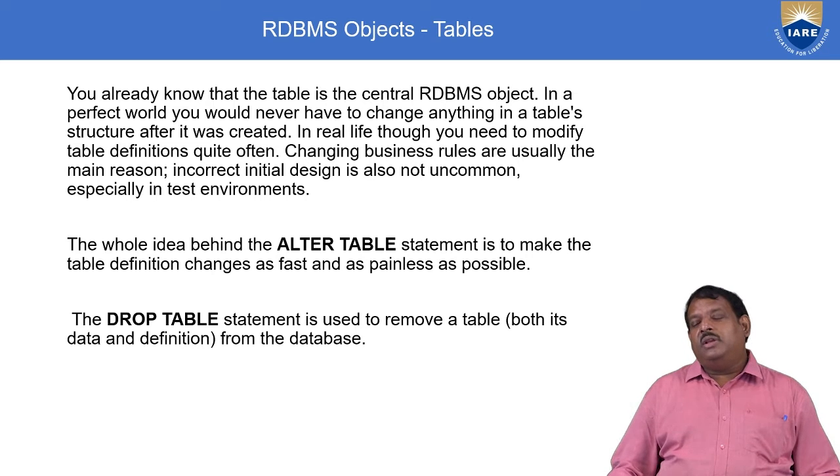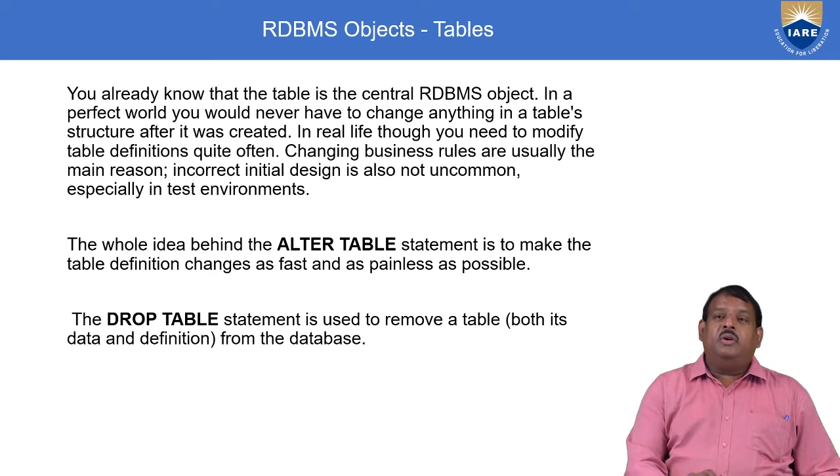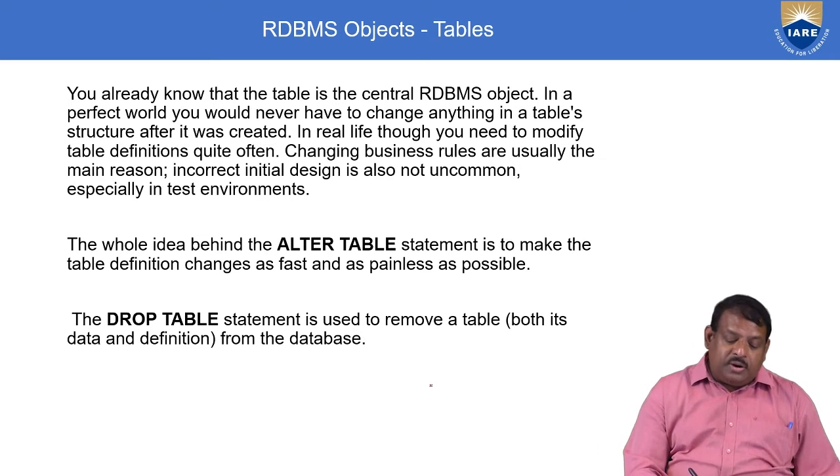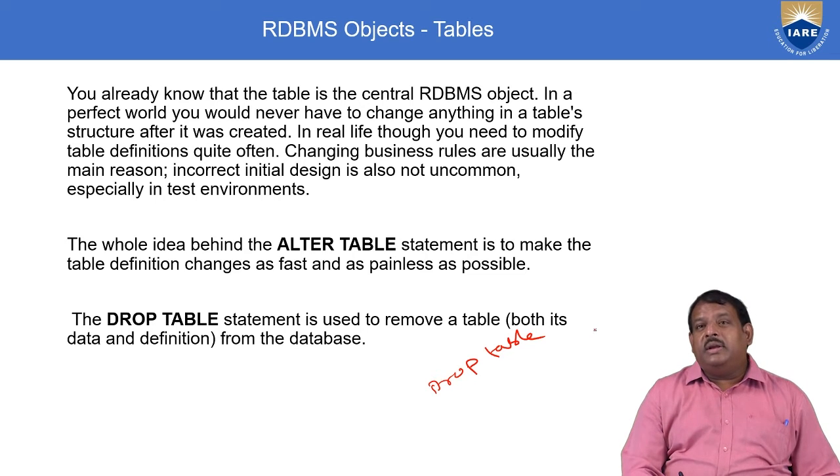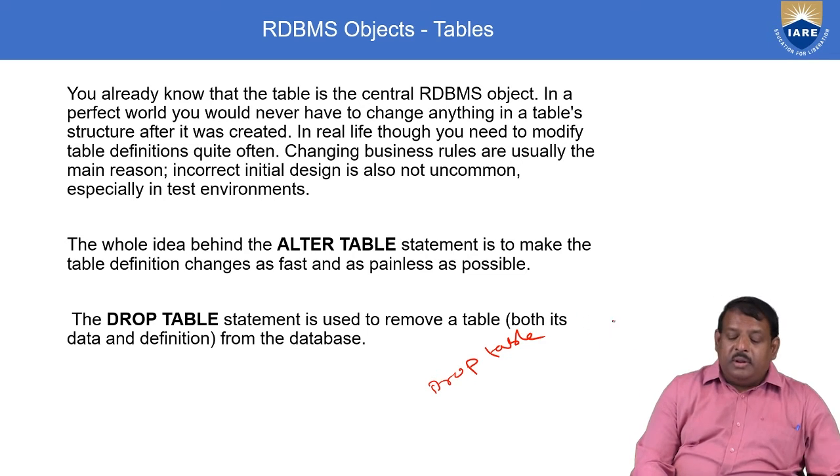But you see that the table is of no use and nobody is using it. So you have to drop the table. When you say drop table, followed by the table name, your table will be dropped.